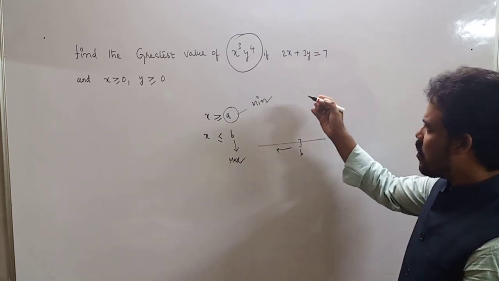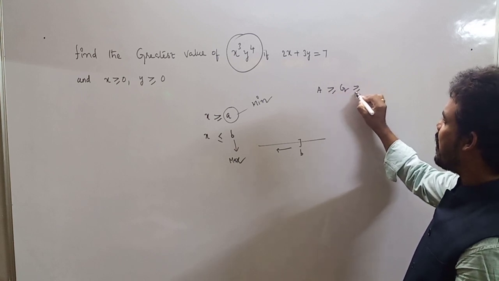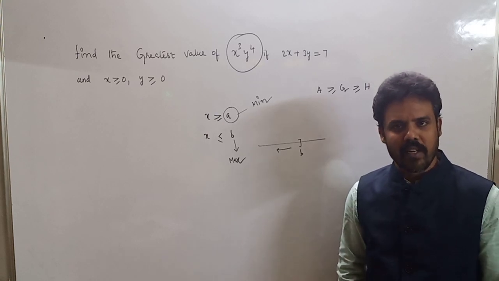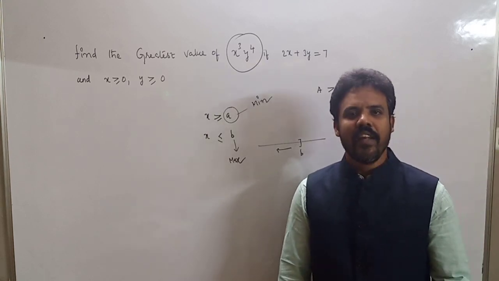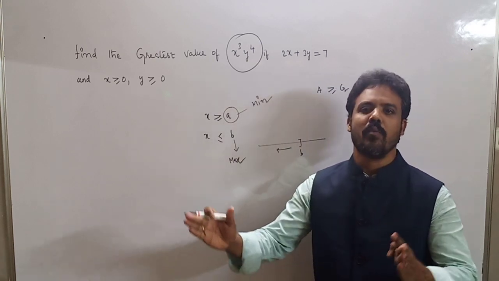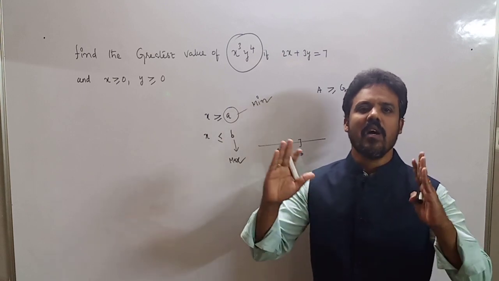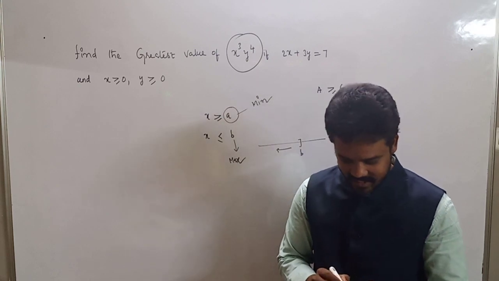And to solve inequality, we know that A is greater than or equal to G greater than or equal to H. For example, if we take n positive quantities A1, A2, A3, so on up to An, what is the arithmetic mean? The sum of all quantities by the total number of quantities.